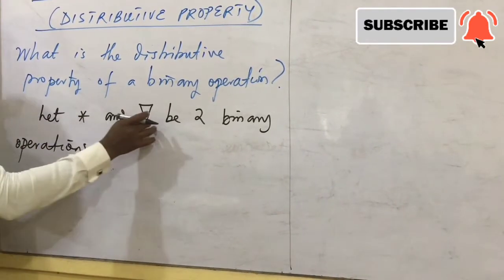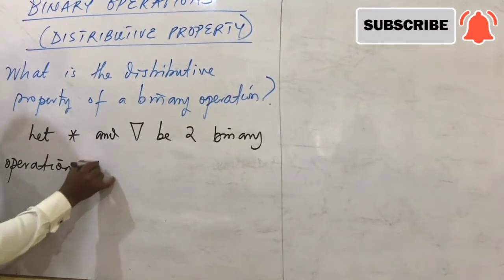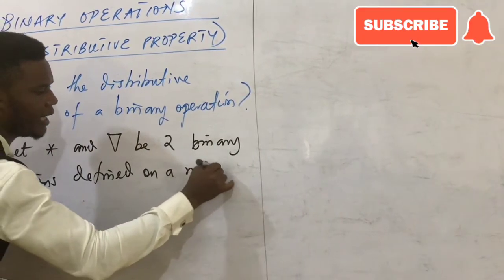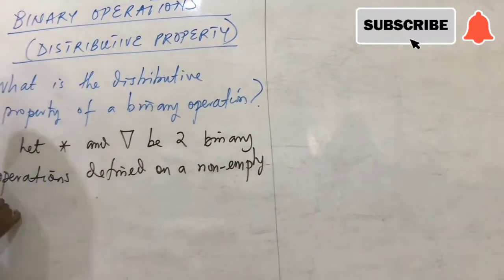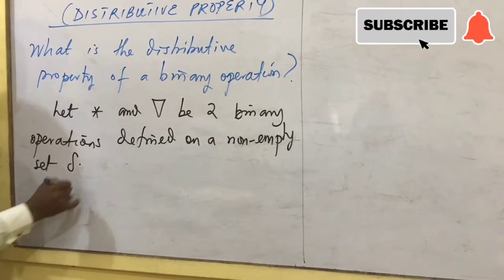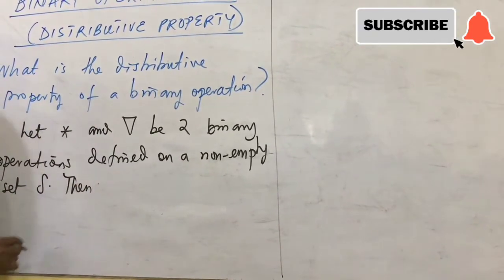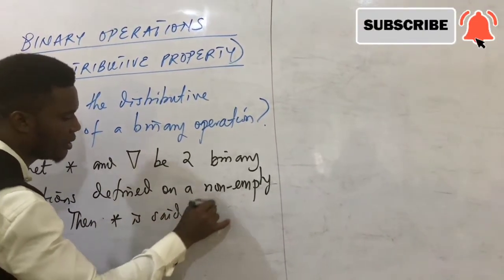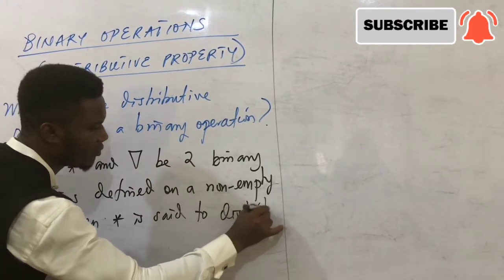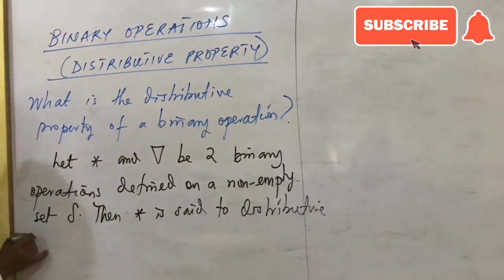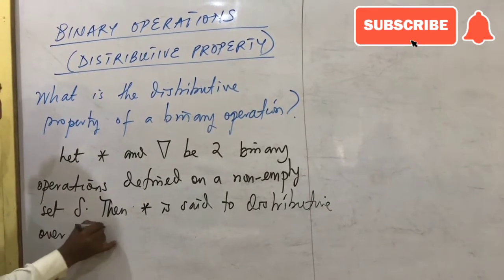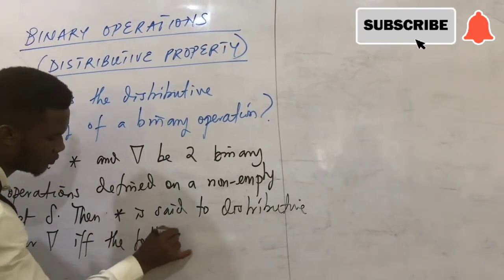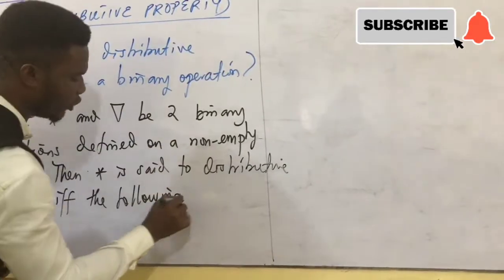So let asterisk and nabla be two binary operations defined on a non-empty set X. Then asterisk is said to be distributive over nabla if and only if the following holds.